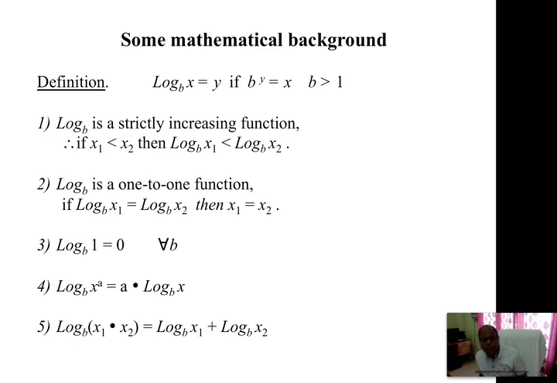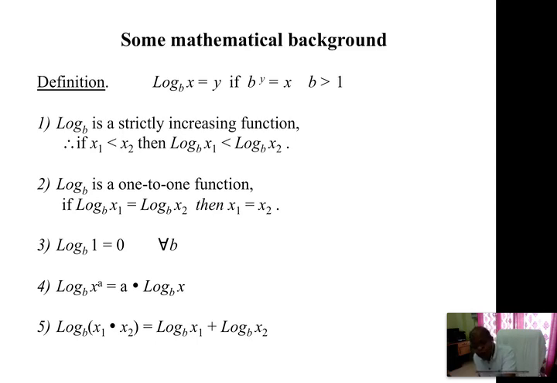Log x to the power a base b is equal to a into log x base b. This is simple plus 2 or 10th standard mathematics. Again, log of x1 into x2 base b is equal to log x1 base b plus log x2 base b.